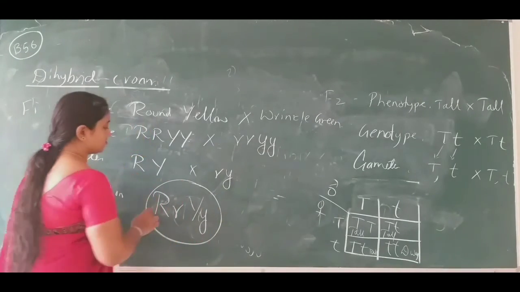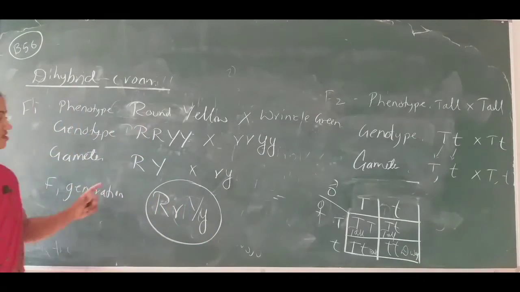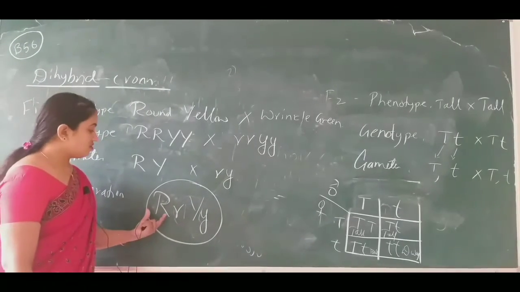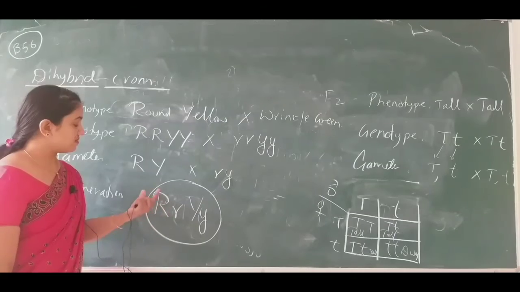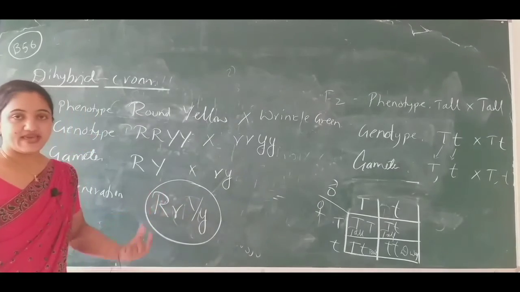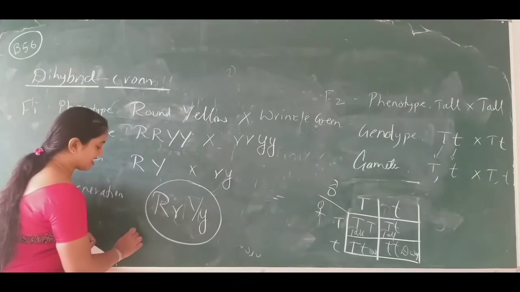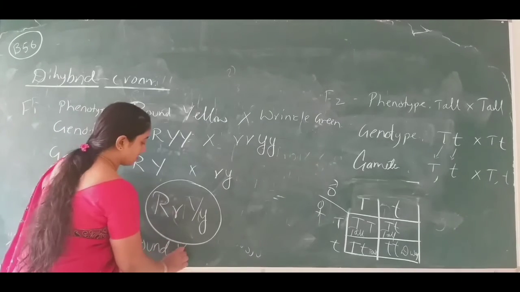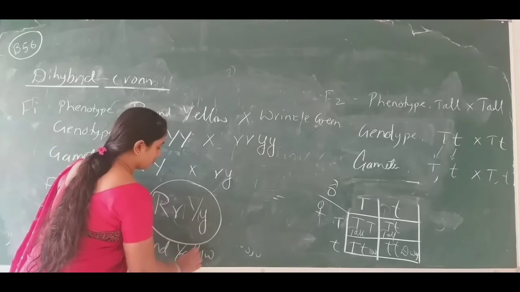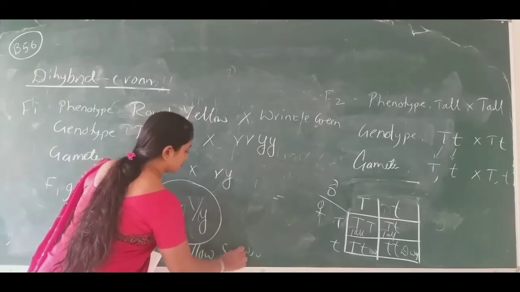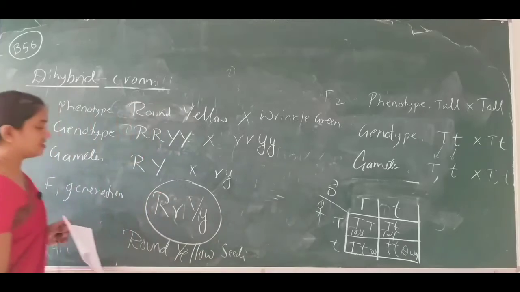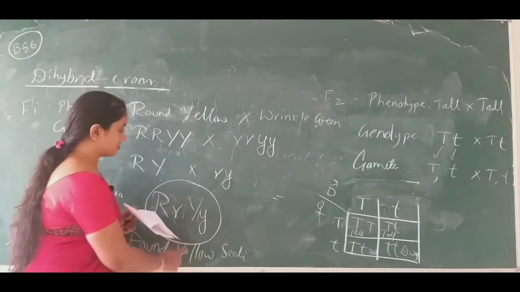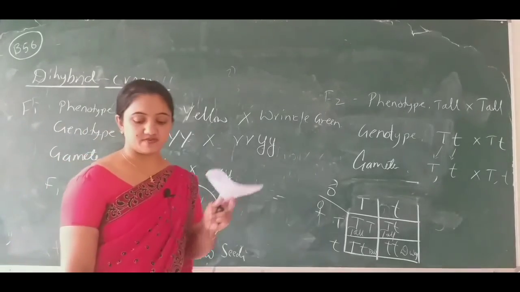This is one offspring having both the characters, but only the dominant character expresses. The dominant character is round and yellow seeds.